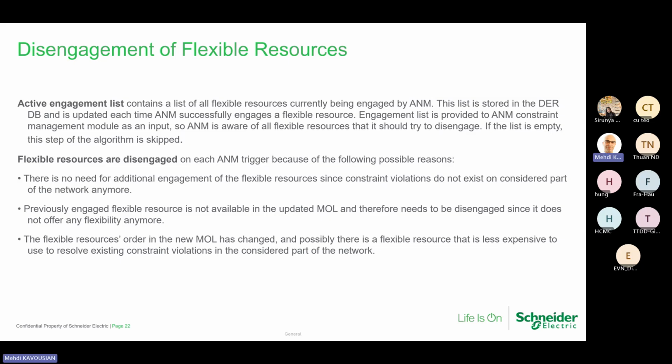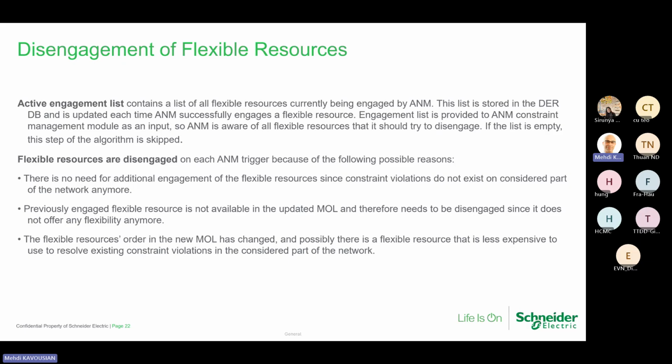I think I explained this one to you. I was saying that engagement lists are in the DR database, so why don't we disengage? Because there's no additional engagement. Sometimes the MOL list for some customers is dynamic. It might change over time.